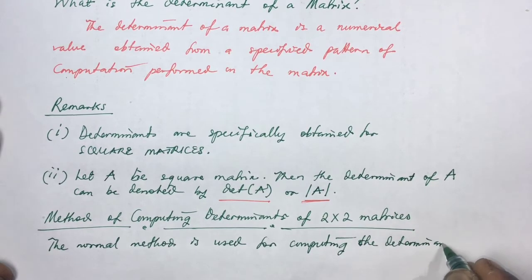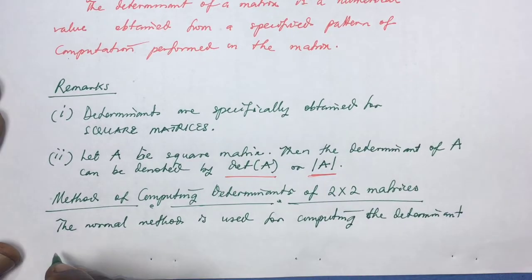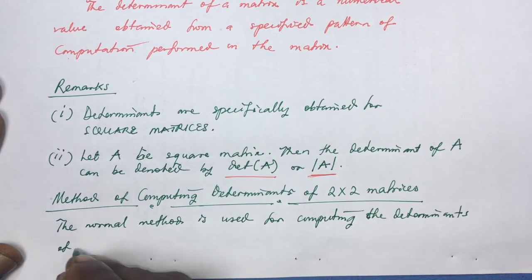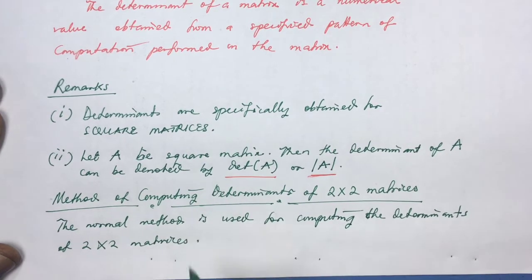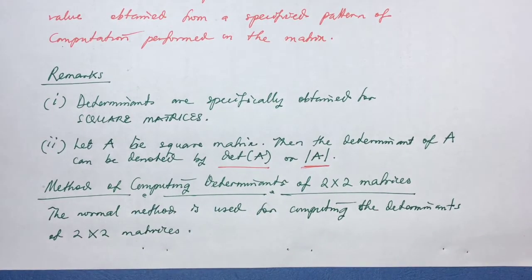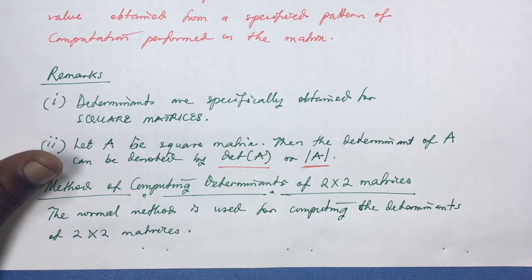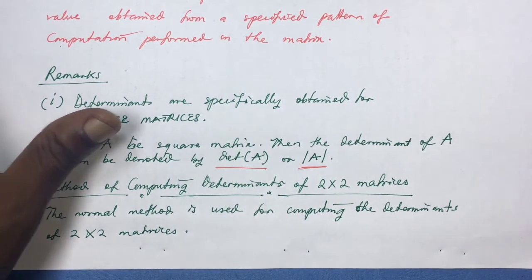What we call the normal method is used for computing the determinants of 2 by 2 matrices. So we use what we call the normal method for deriving or obtaining the determinants of 2 by 2 matrices. Now, what is the normal method all about for a 2 by 2 matrix?